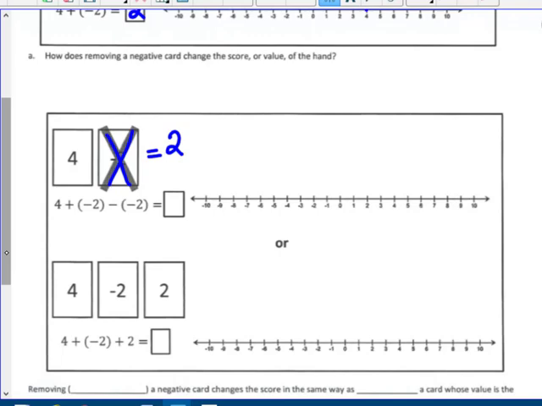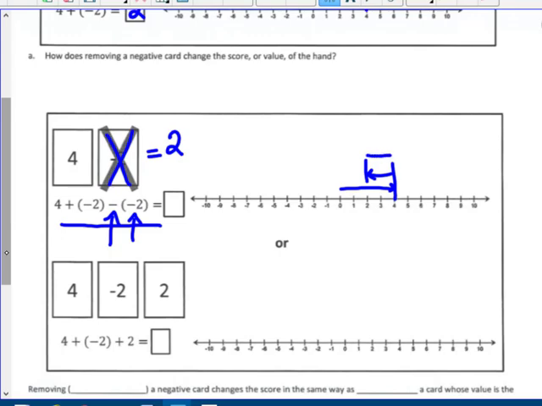Now, if you start with a 4 and a negative 2, and you discard or subtract your negative 2, your hand is going to be worth, okay, so let's do this. I'm going to do this expression. So I go to 4. And I'm going to discard the negative 2, which gives me 2. But if I then subtract negative 2, whereas adding a negative 2, I go left, subtracting negative 2, I go right.